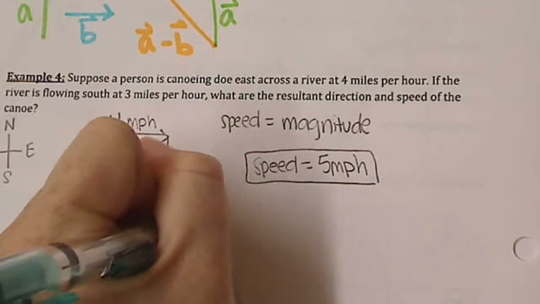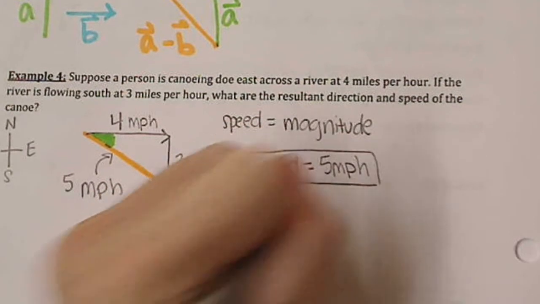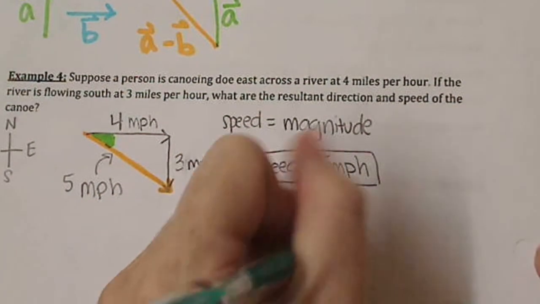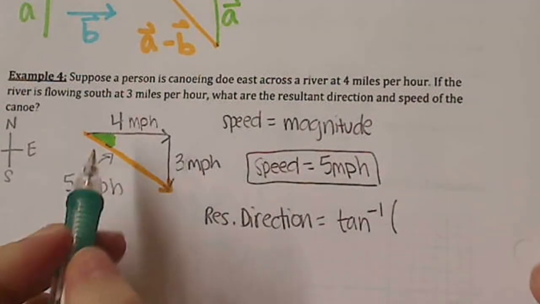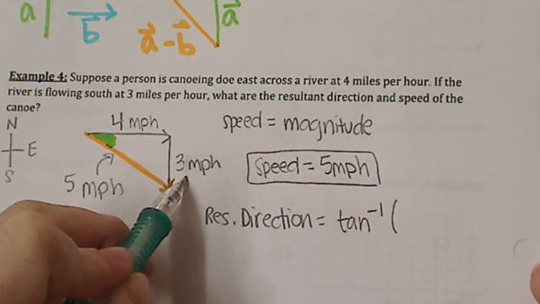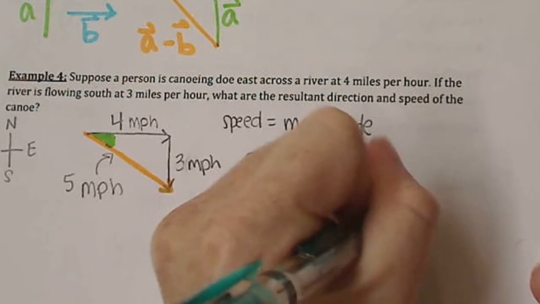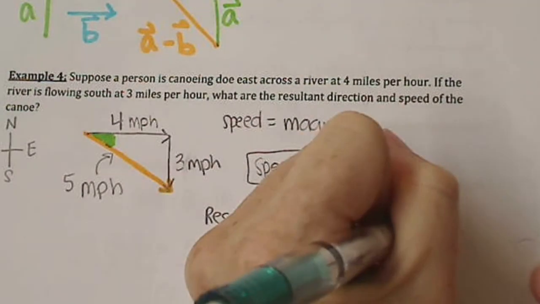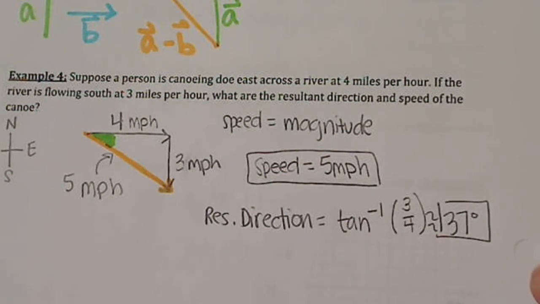So my resultant direction, instead of just going east, is the tangent inverse, remember, because we don't know the angle, opposite over adjacent, which is about 37 degrees.